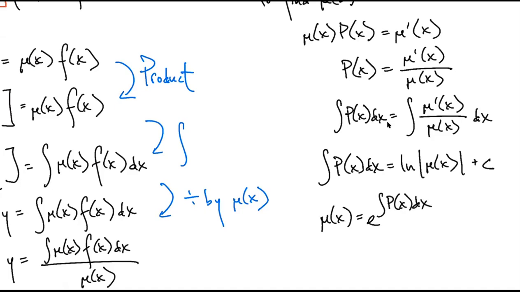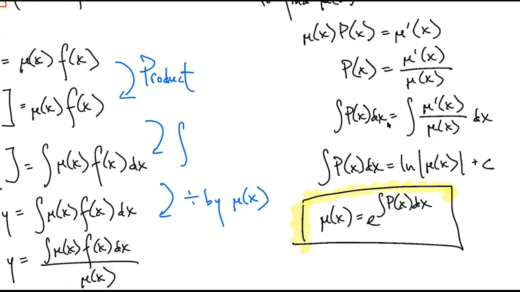This formula right here. Plus c? Actually, that is one of those cases where we're still going to absorb all the constants at the very end. So in this case, we don't need that plus c. Oh, thanks. Yeah. So this right here is so important.